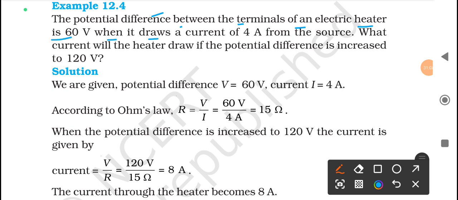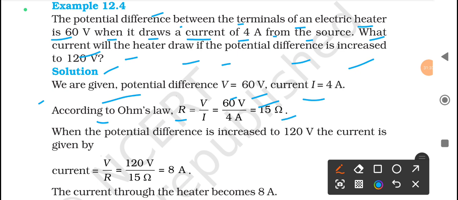Example 12.4. The potential difference between the terminals of an electric heater is 60 volt when it draws a current of 4 ampere from the source. What current will the heater draw if the potential difference is increased to 120 volt? Solution. We are given potential difference V is equal to 60 volt, current I is equal to 4 ampere.